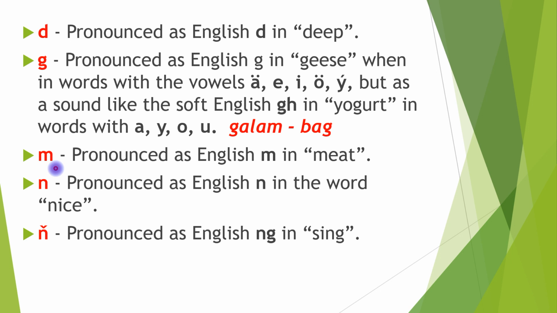The next one is M, pronounced as English M in meat, so the same. The next one is N, the same as English N in nice. And this sound is a nasal sound, pronounced as in English N and G together, like in sing, song, like in the suffix ing, for example coming.